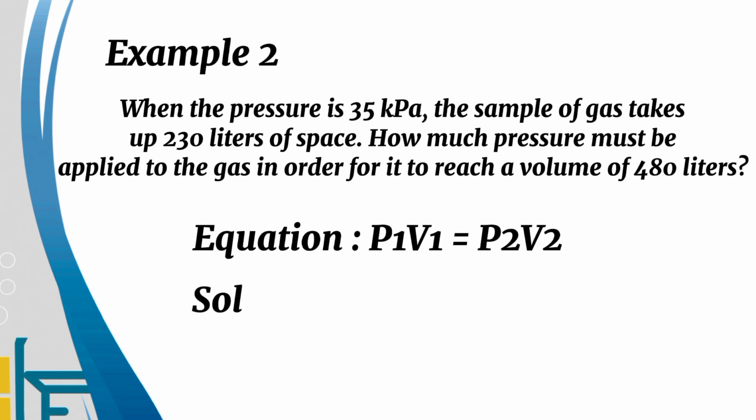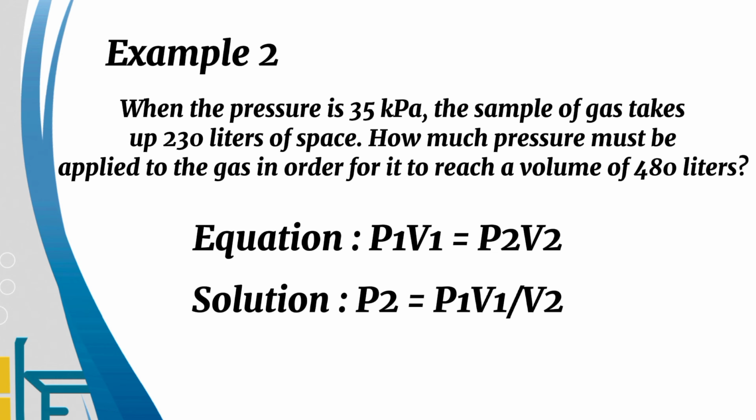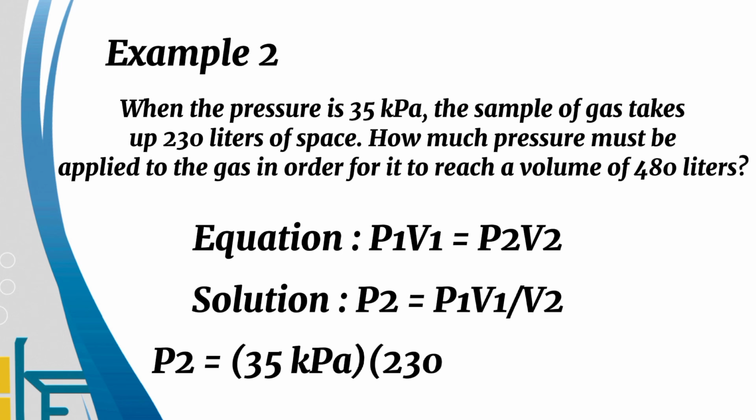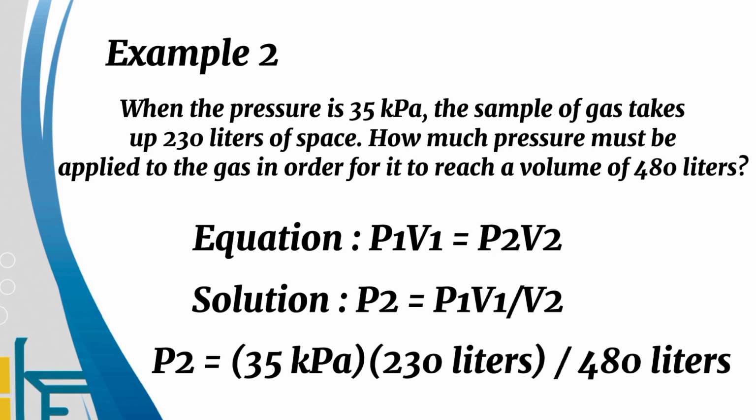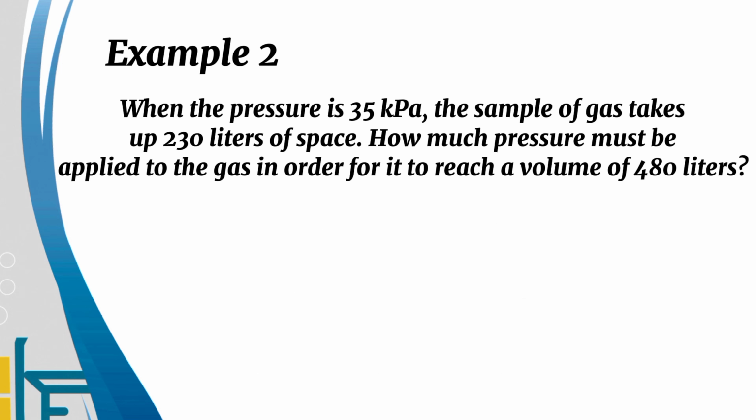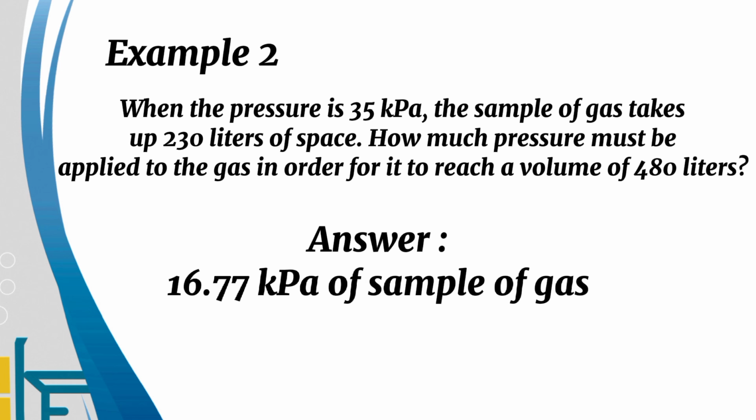We will start with P2 is equal to P1 V1 over V2. Now, substitute all the givens in the formula that we made. P2 is equal to 35 kilopascals times 230 liters over 480 liters. Cancel both liter units. So the final answer is 16.77 kilopascals of the sample of gas.